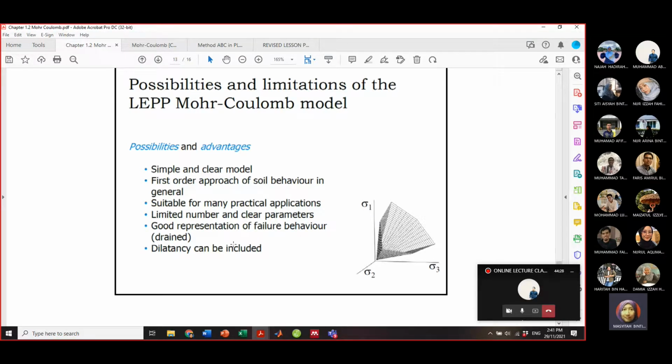That's why I said it's very easy lah in terms of the parameters, and it only involves the first order approach of soil behavior in general. It means that dia punya yield criterion tu just the first order. You tak perlu complex equation untuk dapatkan dia punya yield function ataupun the yield criterion value, and it is suitable for many practices.